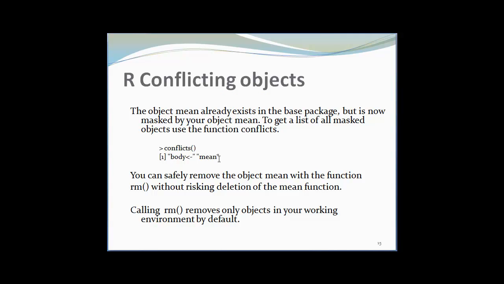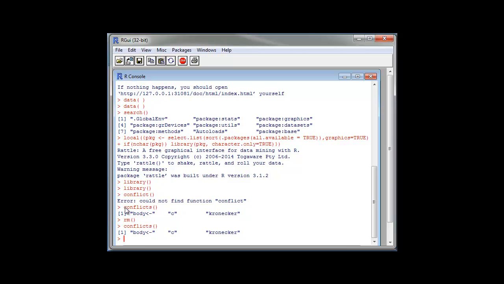You can safely remove the object mean with the function rm without risking deletion of the mean function. Calling the rm function removes only the objects in your working environment by default. See, here I have used the functions conflicts and rm as described.